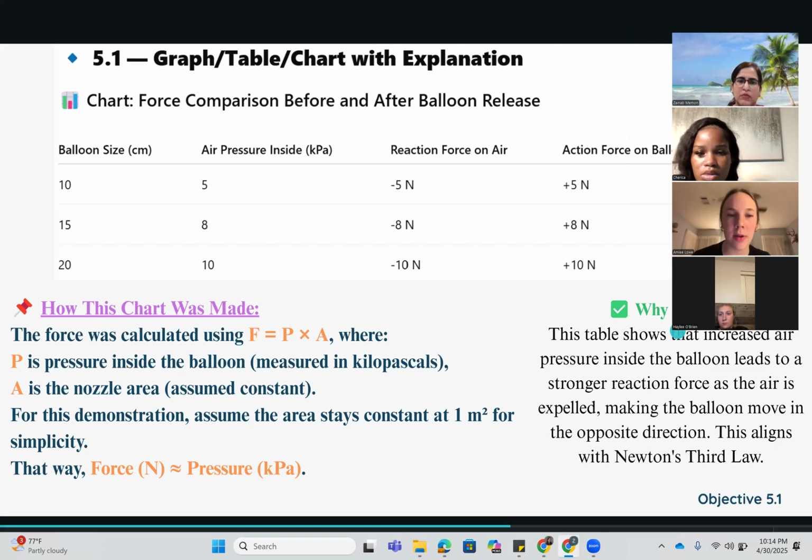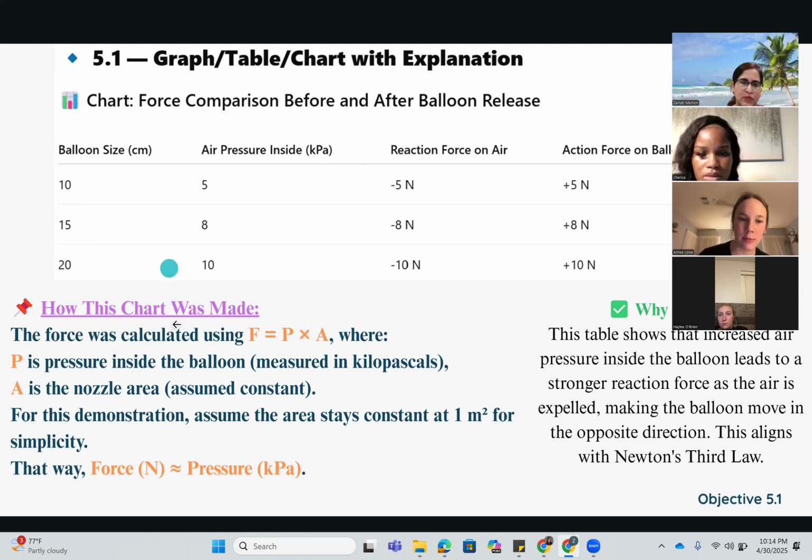All right, so 5.1 is going to be our graph or table. You can see the balloon size in centimeters, and then the air pressure, the reaction force on air, and then the force on the balloon.